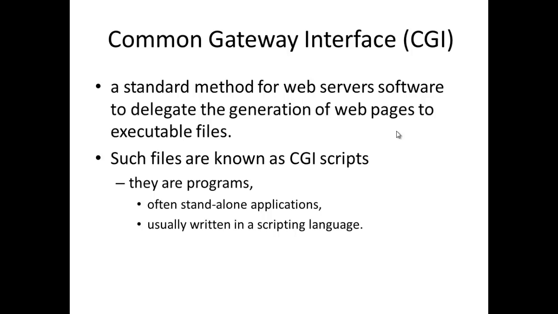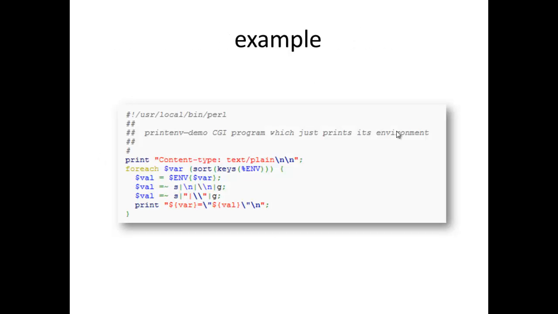CGIs are files. They are programs that are most commonly isolated. They are standalone programs, and they are written in a scripting language. Scripting language is a very big success, and here is an example.